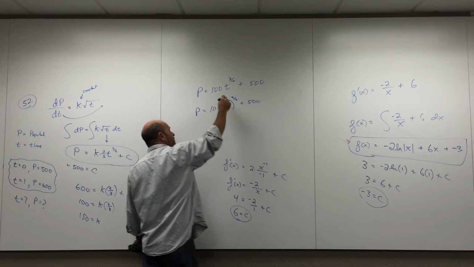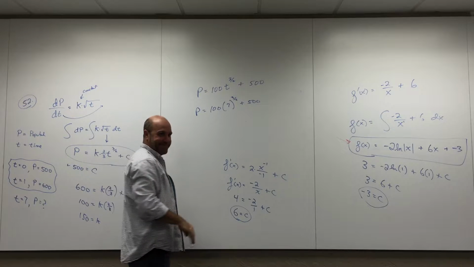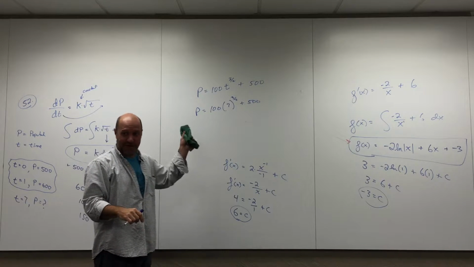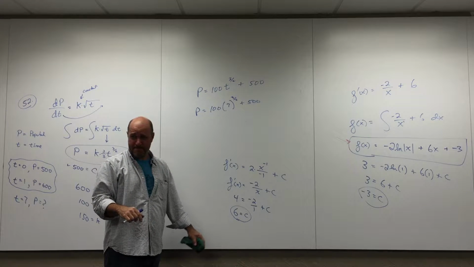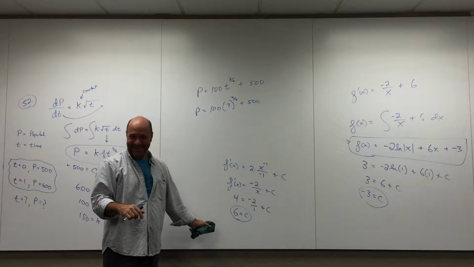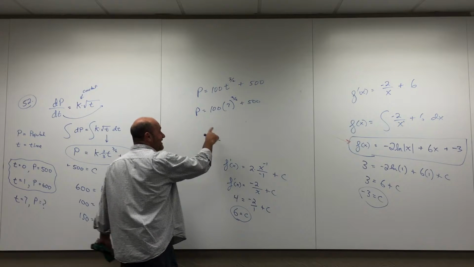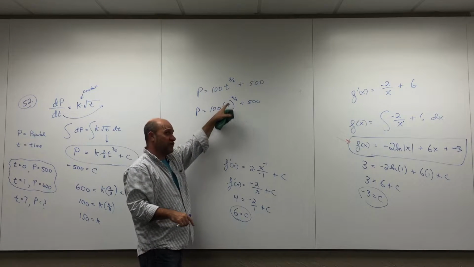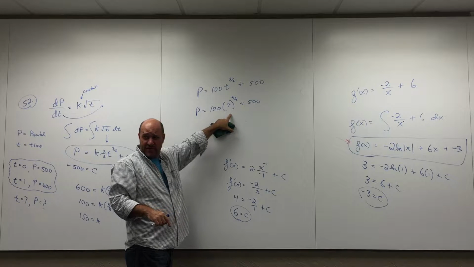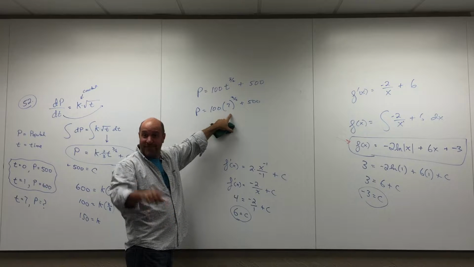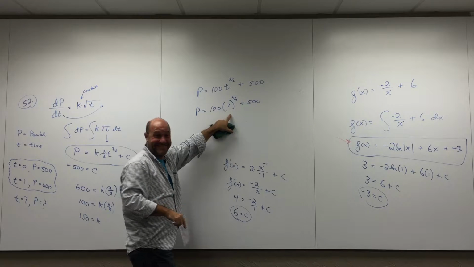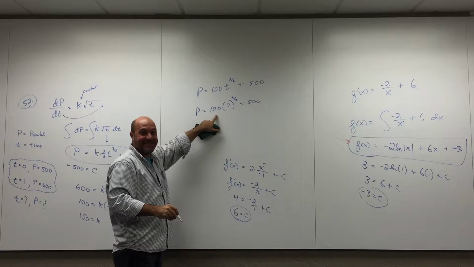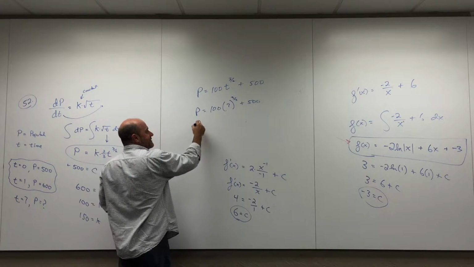Everybody knows the square root of 7 cubed is 18.5. Give me long enough, I'll nail it. All right, times 100 plus 500.